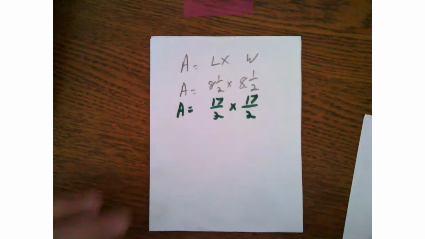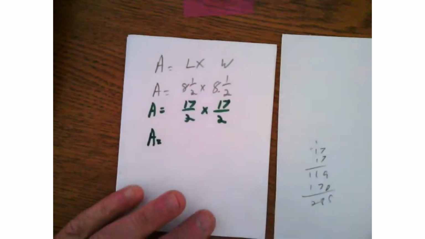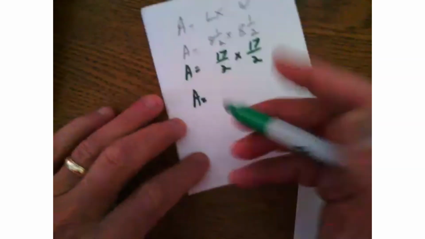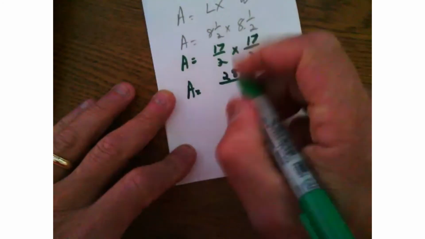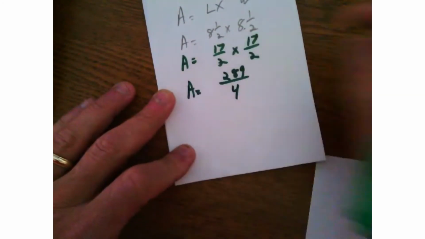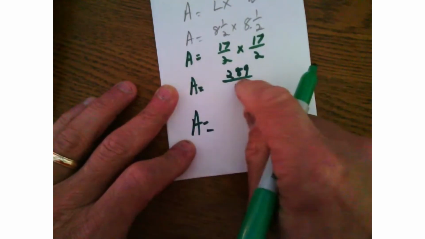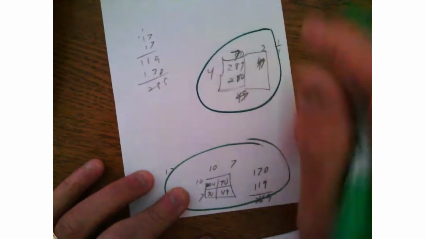From here I'm just going to speed you through, but really go onto a separate sheet of paper and do your 17 times 17. I already did all the math. It's a little sloppy, but I did 17 times 17 and got 289, and 2 times 2 is 4. Then I did a division problem, 289 divided by 4, and I came up with 72 and a quarter.